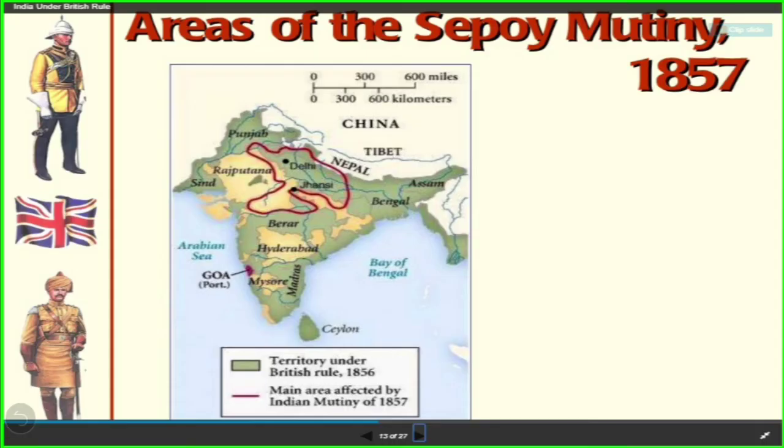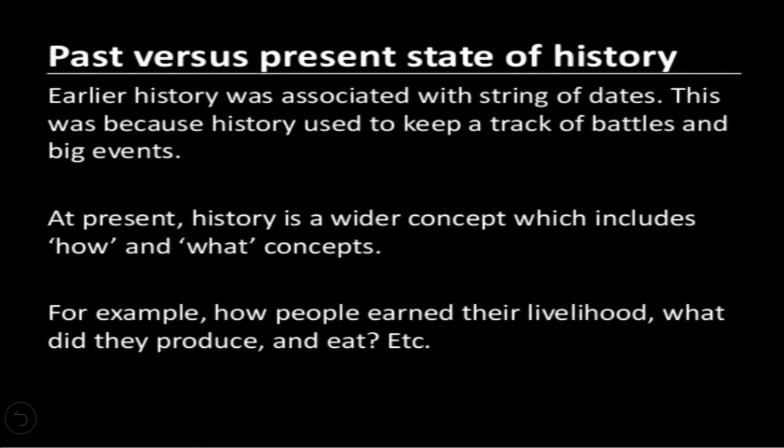It was given the name the First War of Independence, which took place in the year 1857, and these were the areas affected by the Sepoy Mutiny of 1857.